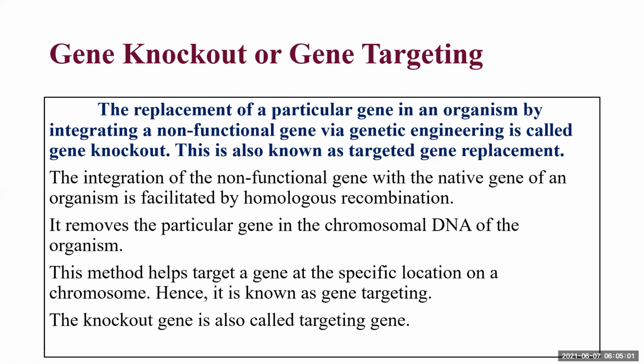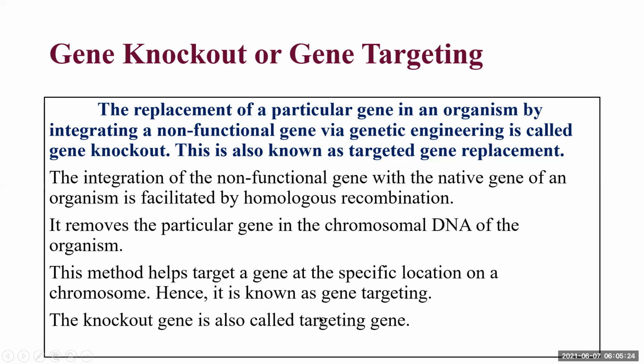But the replacement gene is a non-functional gene. That means we have removed a functional gene, so naturally we have removed one function from the organism. That is why we call it gene knockout.